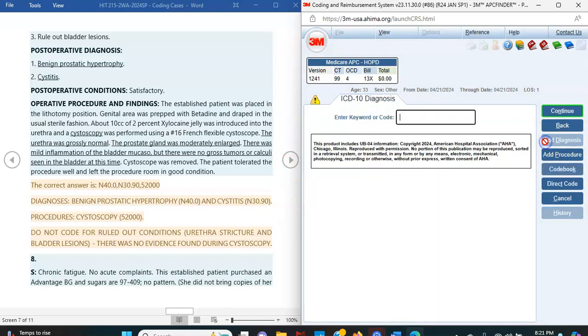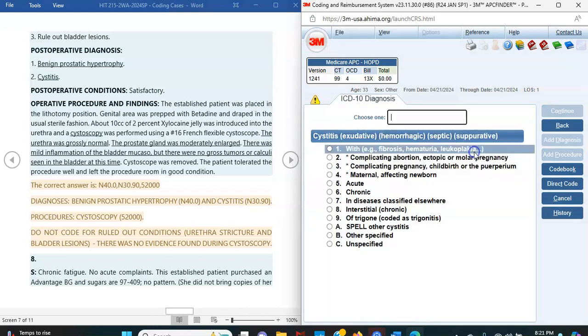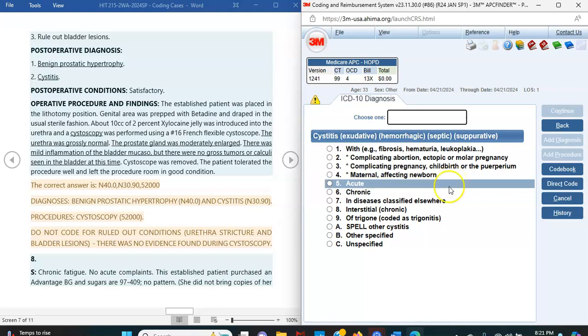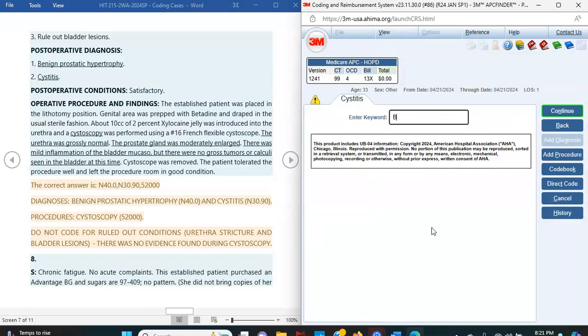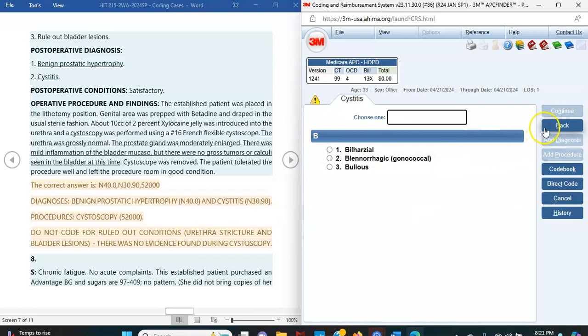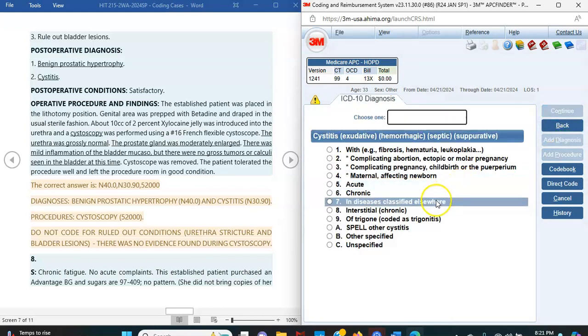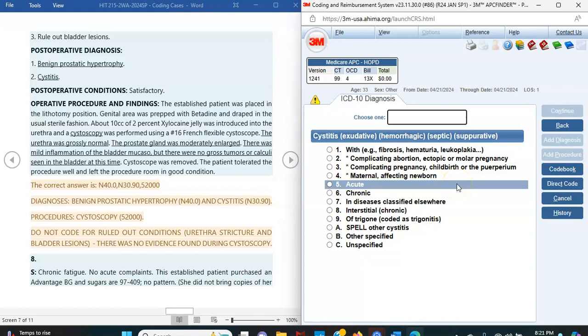Then we're going to add our cystitis. Wonder if you can do bladder. Not sure how I found acute.